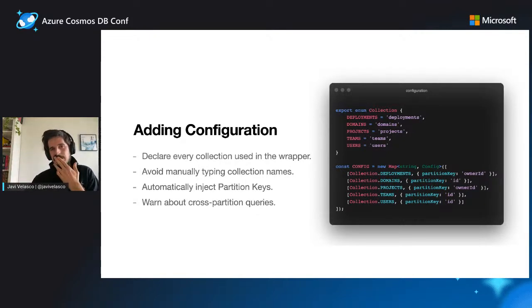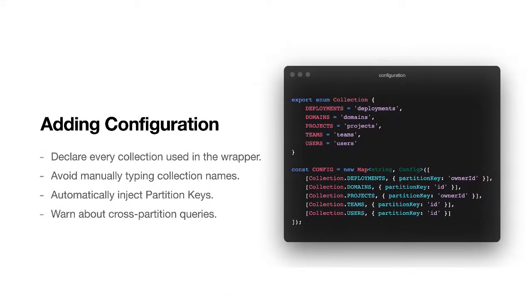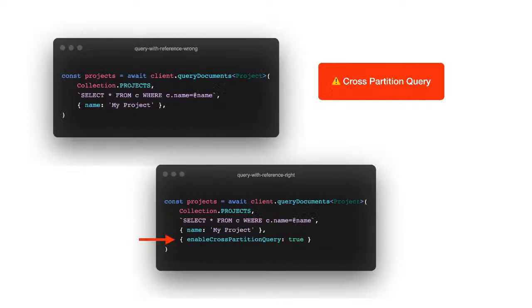In the snippets, you can see how we are just enumerating collections. We're going to be referencing those collections later rather than hard coding the strings, and we can define their partitions. In the case where we have a configuration object like this, and we are running a cross-partition query through a helper, what is going to happen is that we can analyze the query, and we can see if the partition key is actually being included in the query.